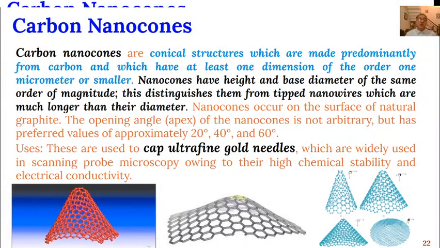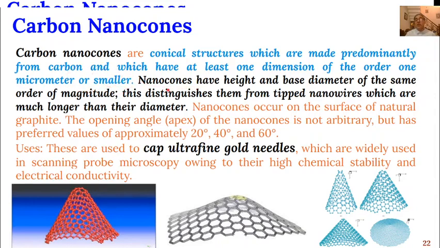Then nanocones. Carbon nanocones are conical structures made predominantly from carbon, which have at least one dimension of the order of 1 micrometer or smaller. That will make the cone if one dimension of the order of 1 micrometer or smaller is there.